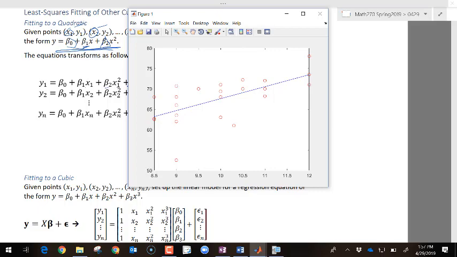The x squareds come from the foot size, since that's our x values. So if somebody had a foot size of 9, the design matrix will have 9, 81 or something for that row.